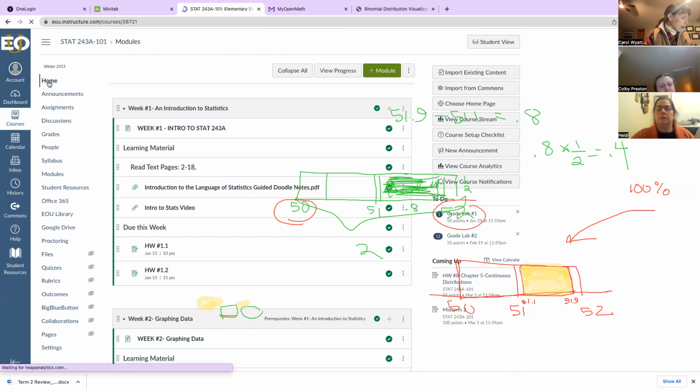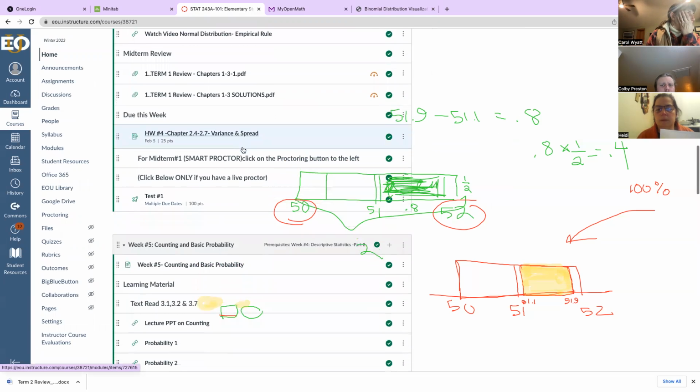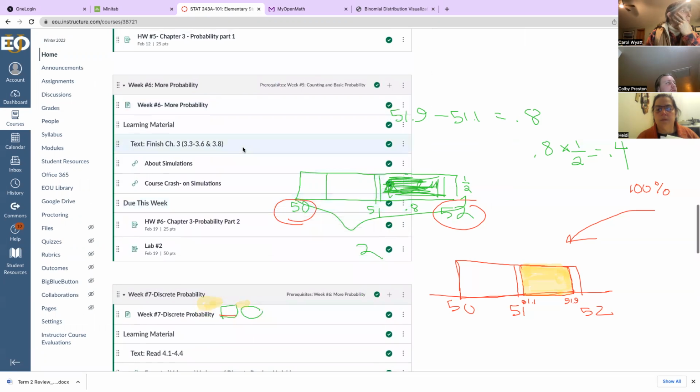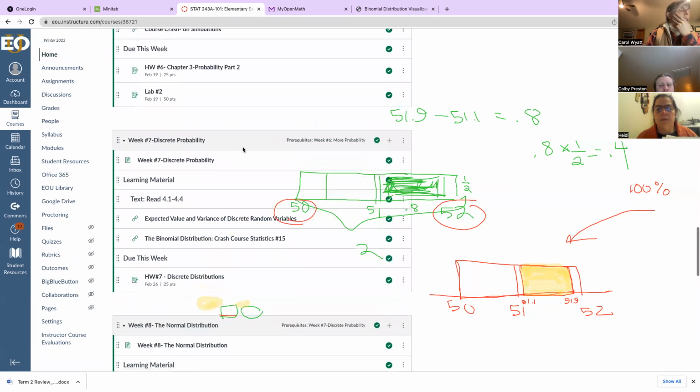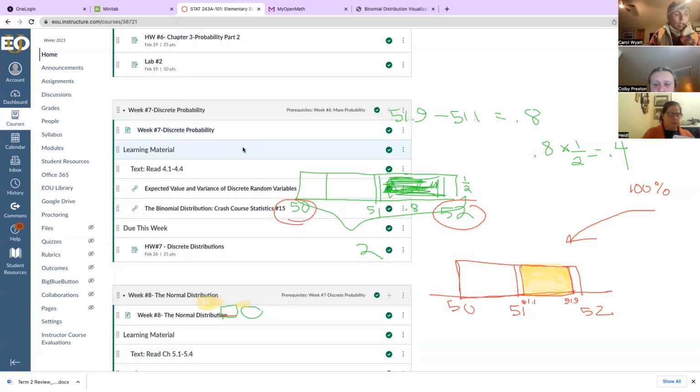So basically stuff up to week 7. Those problems that have tables and they ask, given that, those types of questions.